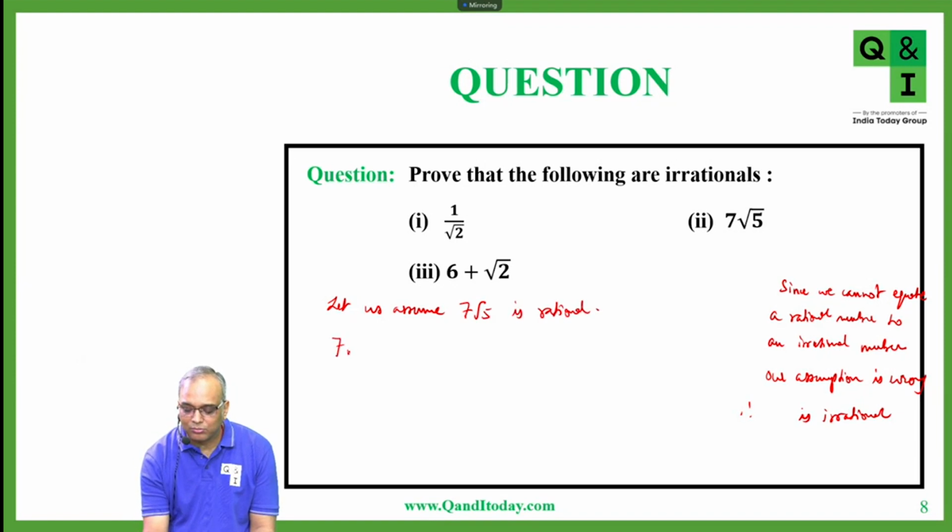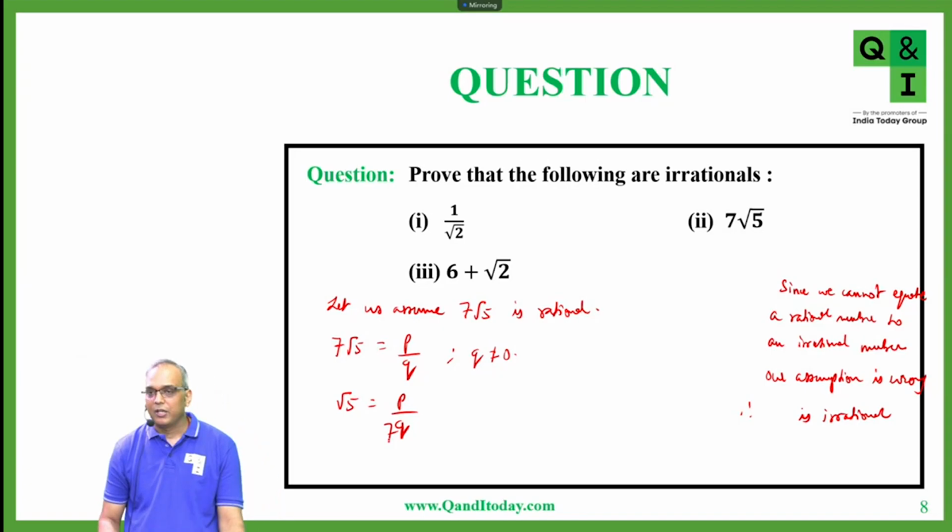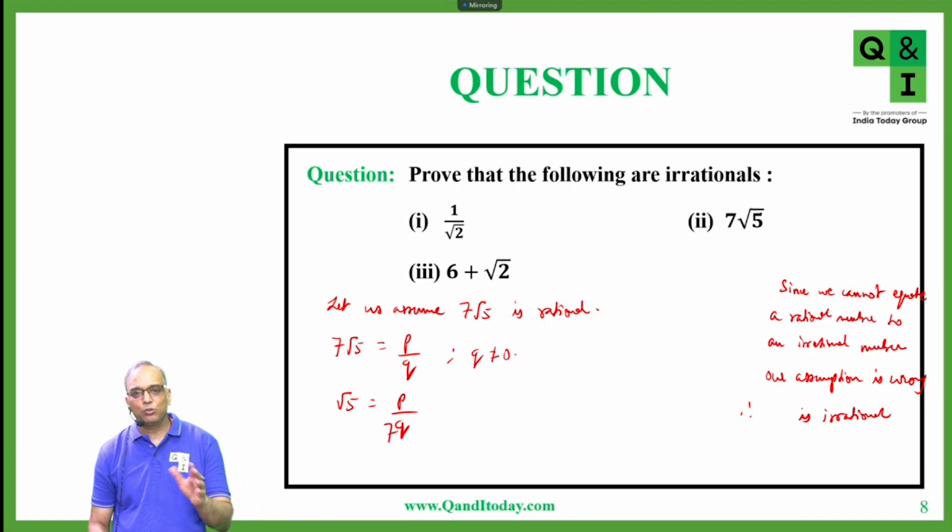So when you assume 7 root 5 to be rational, you can write it in the form P by Q, where Q is not equal to 0. And then root 5 will become P by 7Q. Now we know that P and 7Q both are integers. P and Q are integers, and that's why 7Q will also be an integer.